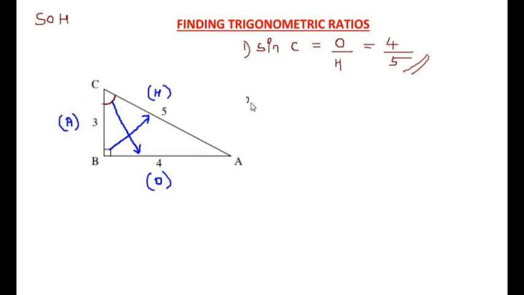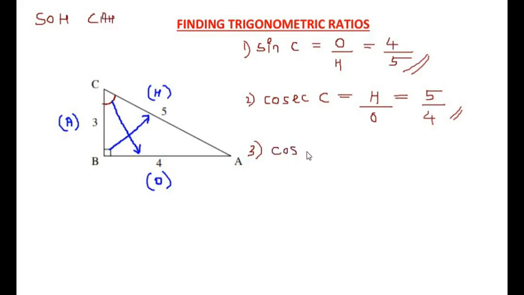Now immediately go for its reciprocal, which is COSEC. COSEC C is going to be hypotenuse over the opposite. So I'm just going to reverse it. It becomes 5 over 4. You have got your second trigonometric ratio. Coming to the third one, we have CAH, that is cos. So cos of C is equal to adjacent over hypotenuse.